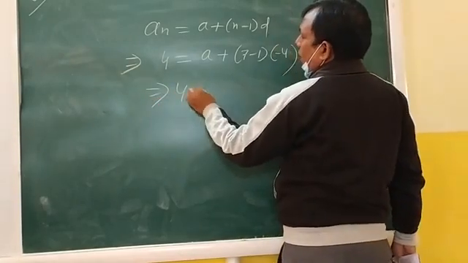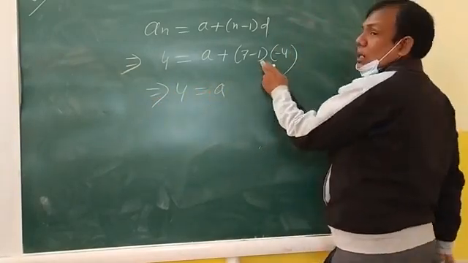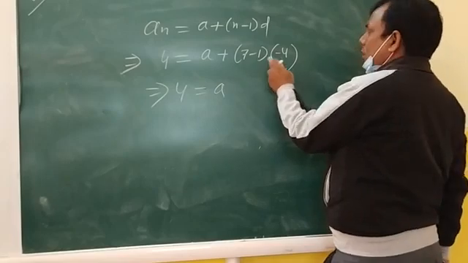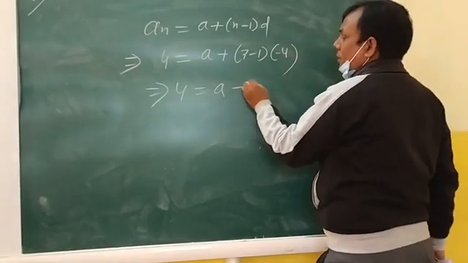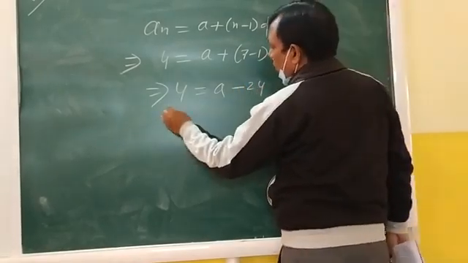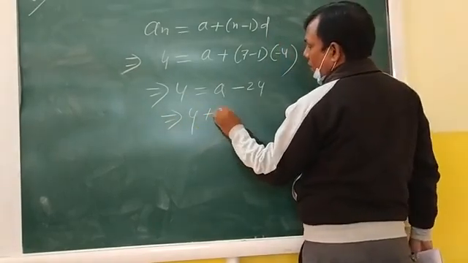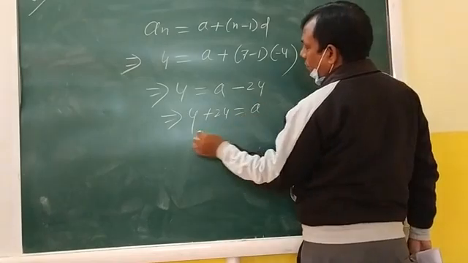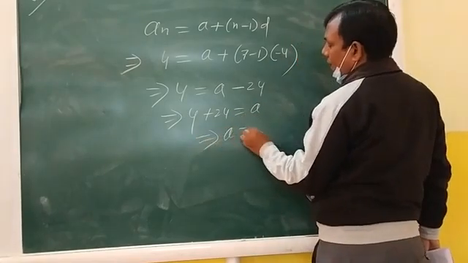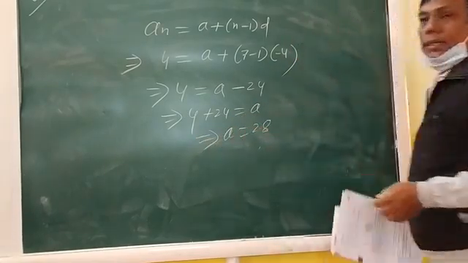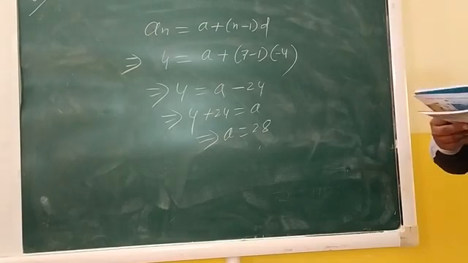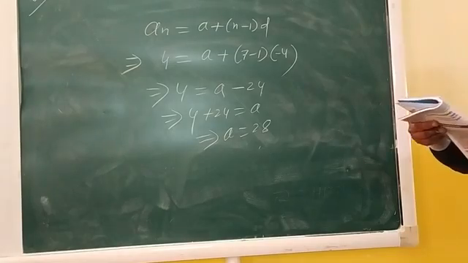So it is 4 equal to a, 7 minus 1 is 6, 6 fours are 24, that is minus 24. Minus 24, send it to the left side, it will be plus 24, which implies a equal to 28. Nice.